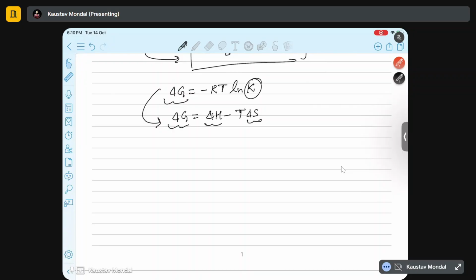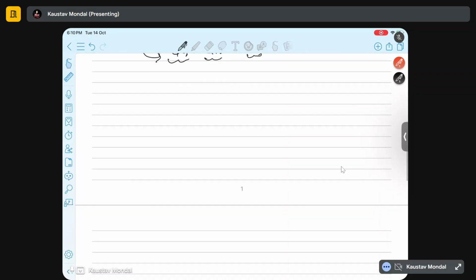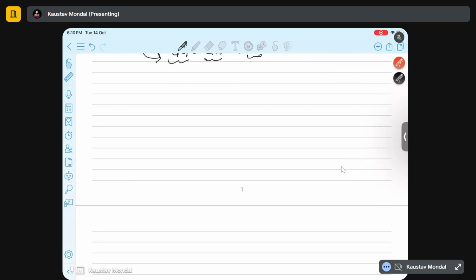Okay. So now, for today's discussion, we will first discuss how to calculate the equation of state for a canonical system.